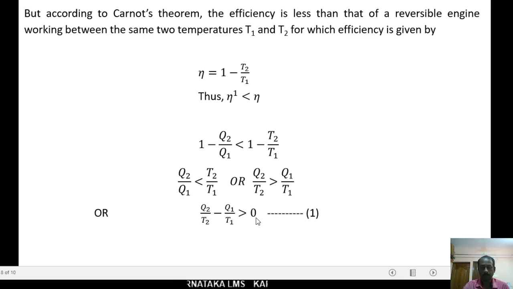The term Q2 by T2 is particularly for heat rejection. This term Q1 by T1 is particularly for heat absorption. The total quantity in the LHS which is greater than 0, let it be equation 1.